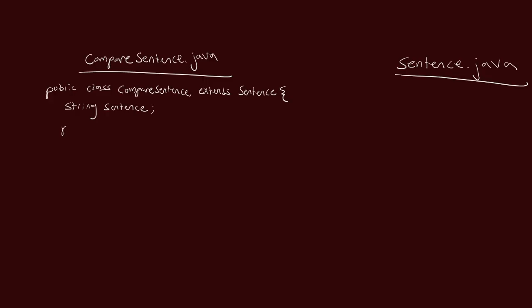So we'll do public compare sentence, and we pass in the string sentence, and then we do super. That way we can initialize the constructor inside the sentence class. So we pass in sentence in here.